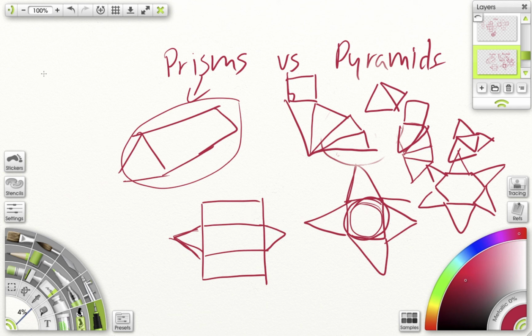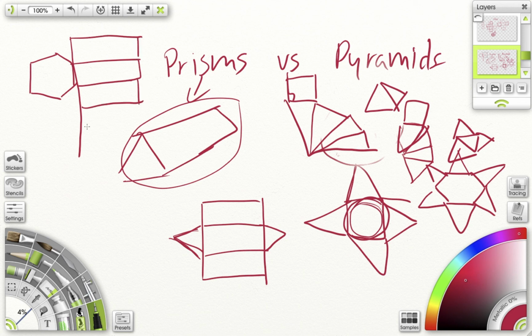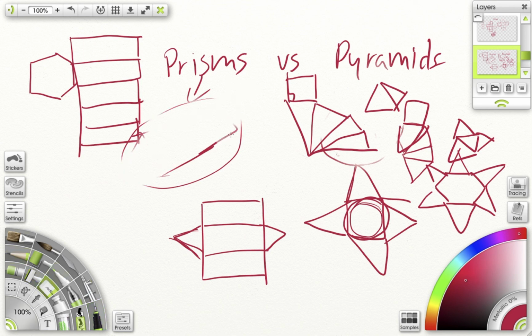So if I were to draw, let's do a hexagon-based prism, that would have, oh boy, this is going to be tough to draw. 1, 2, 3, 4, 5, oh boy. 5 and 6, and then I would have another shape.